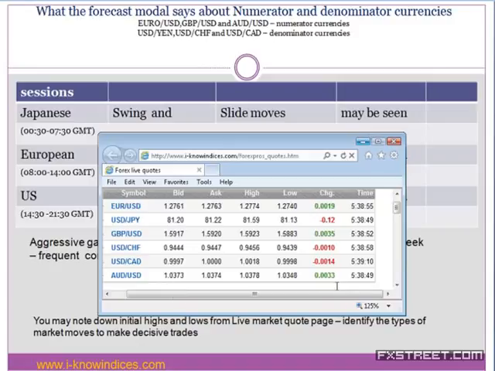How? Because you find the pip change is more, 33 pips, and in the case of GBP 35 pips and Euro 19 pips. So the currency which is making more pips, they will try to hold. The currency which is making less pip change, they try to make a dip. That's how they do it. If you carefully watch it, you will be able to understand.